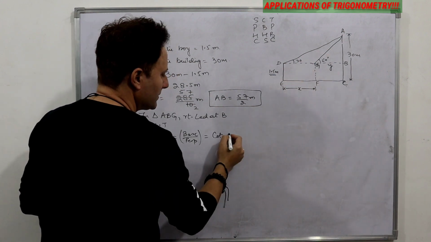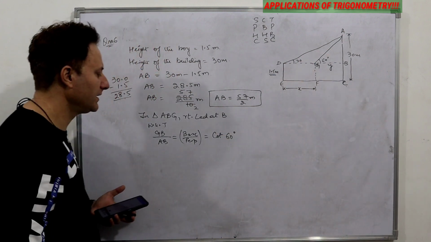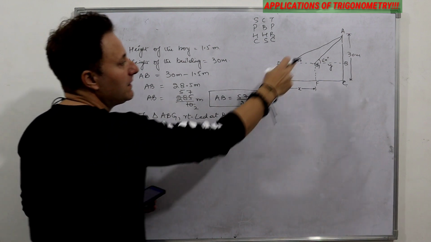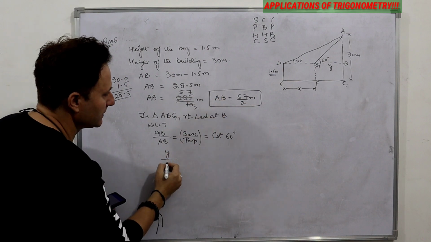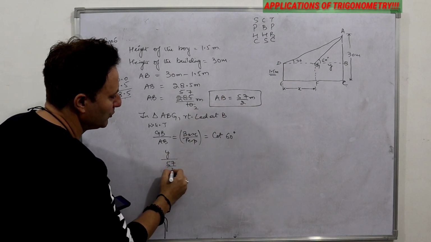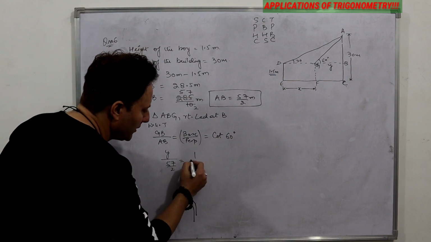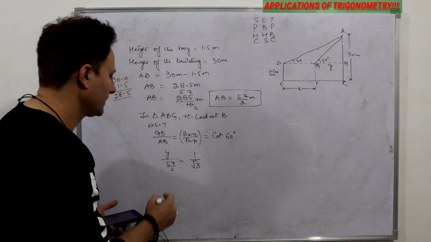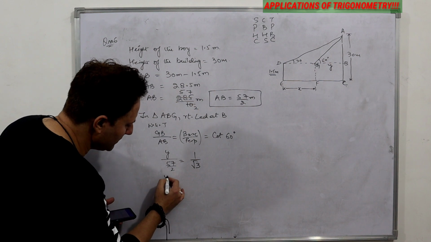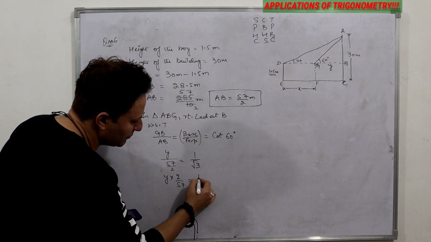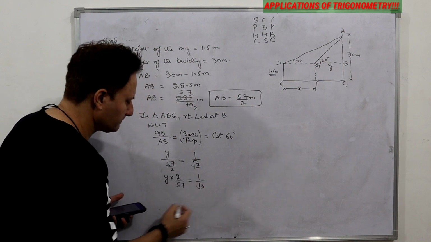And cot 60 degrees. Right guys? So now GB is y. AB, we just took it as 57 upon 2. So now we need to take the value of cot 60, that is 1 upon root 3. Now let's reciprocate this. This is y into 2 upon 57, which is equal to 1 upon root 3.